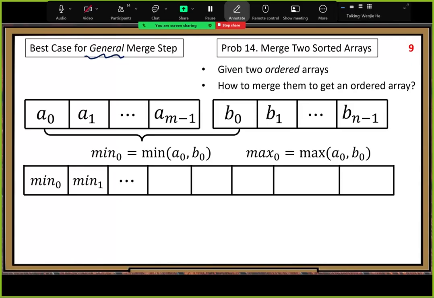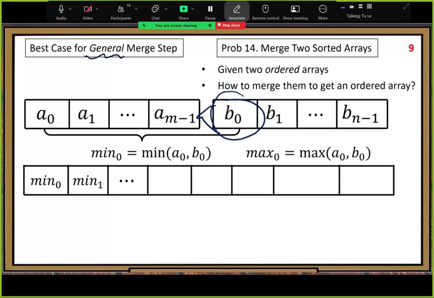So here, let me use one special case. If the first element in the B subarray is greater than all the elements in the A subarray, what would happen? The first element in the B subarray, B0, is greater than all the elements in the A subarray.